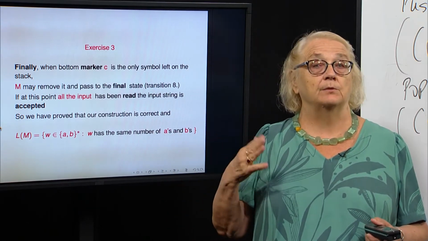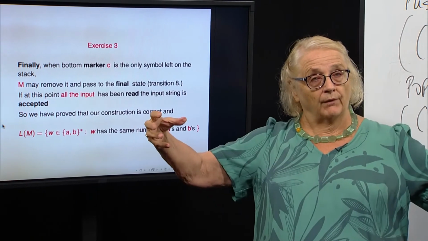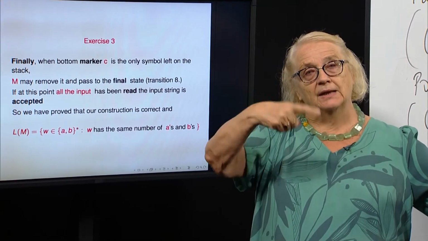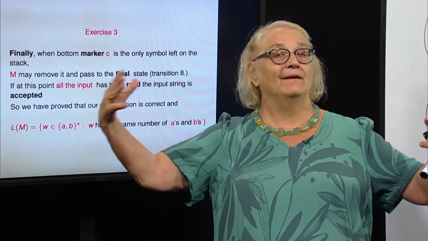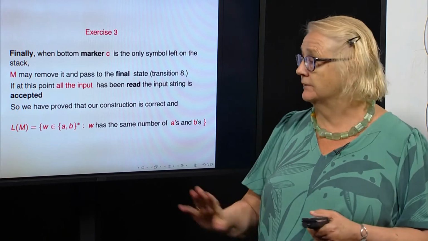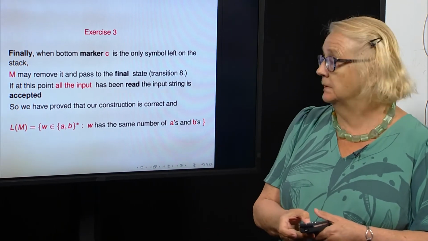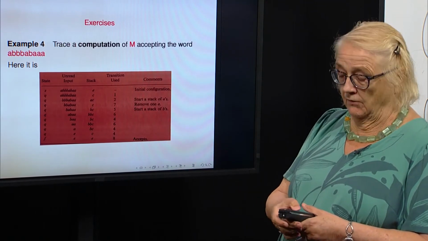Here is a little bit more complicated because you have a word and you count a's in the whole word, which can be anywhere, with the number of b's, which can be anywhere. So that's a nice automata. It's a little bit more complicated, and there is a nice trace of computation.